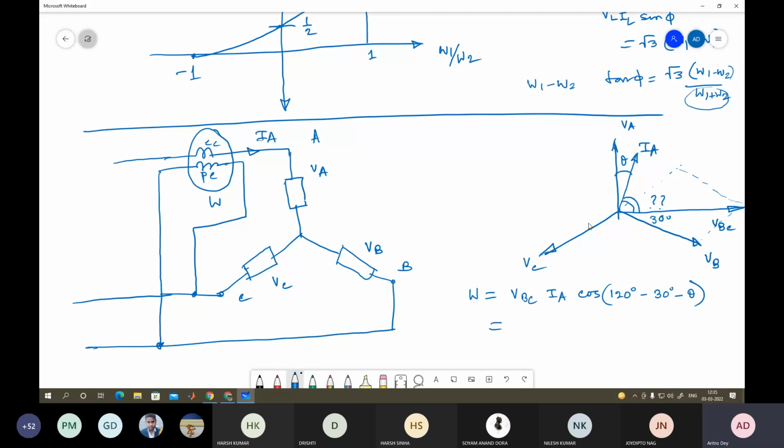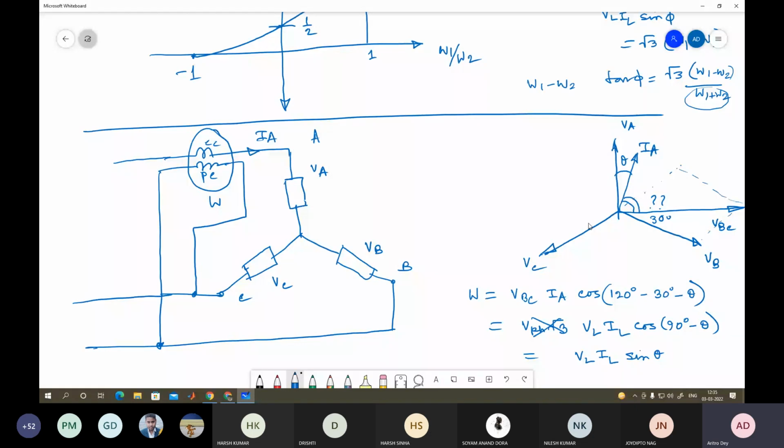And VBC is equal to V phase into root 3, or you can write directly as VL. This IA is equal to IL, and this is cos of 90 minus theta, so this is sine theta.